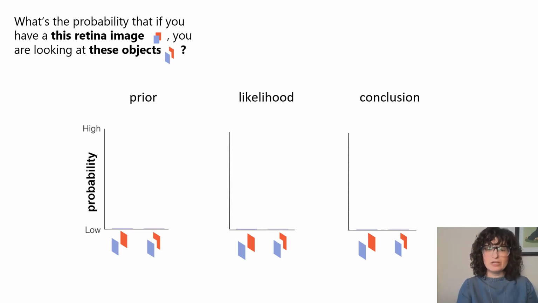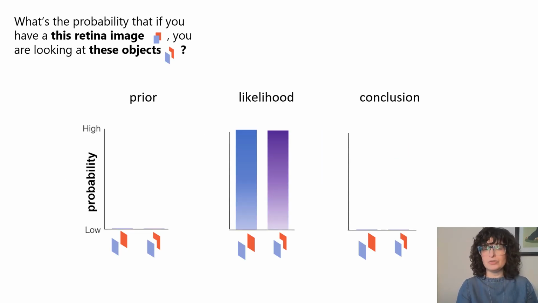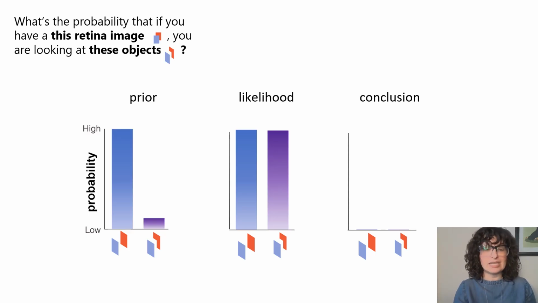Well, first of all, let's consider the likelihoods. Given the evidence that we have, given that retinal image, what is consistent with that outcome? Both interpretations that we initially considered are 100% consistent with those outcomes. But now we need to consider the priors. In terms of what we experience day to day, what outcome is more likely?